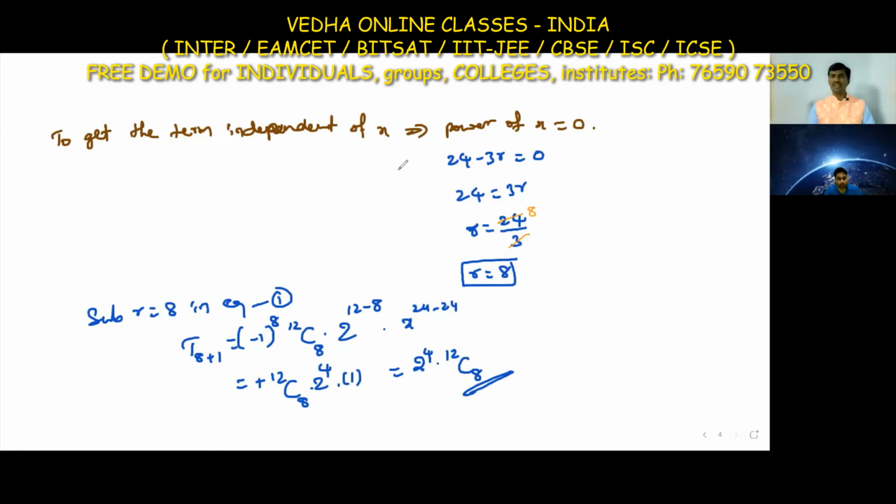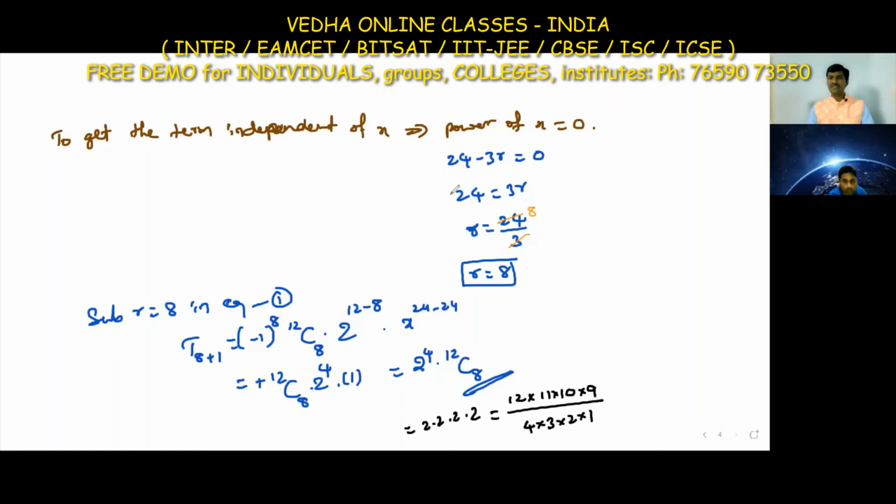This is the final answer, or even you can simplify. 2 to the 4 is 16, and 12C8 equals 12C4, since 12 minus 8 is 4. That is 12 factorial divided by, or 12 into 11 into 10 into 9, 4 factors, divided by 4 factorial, 4 into 3 into 2 into 1.